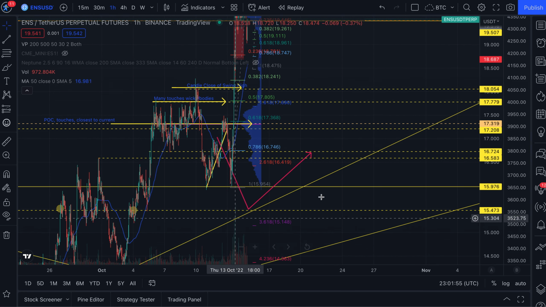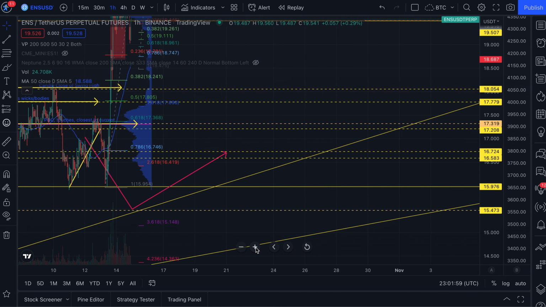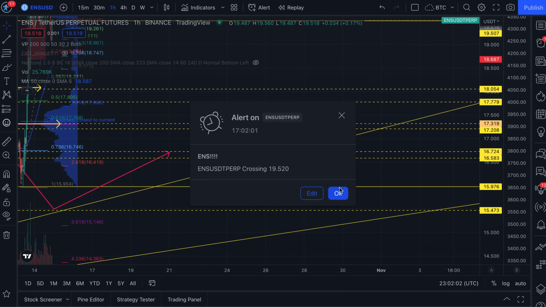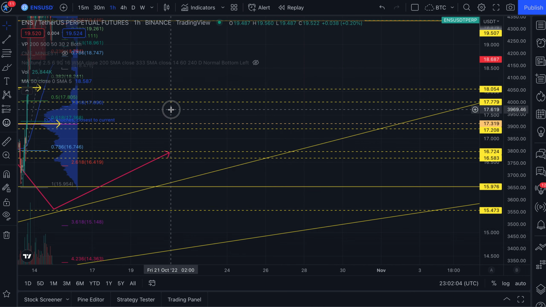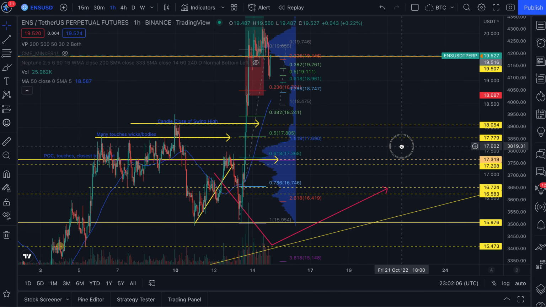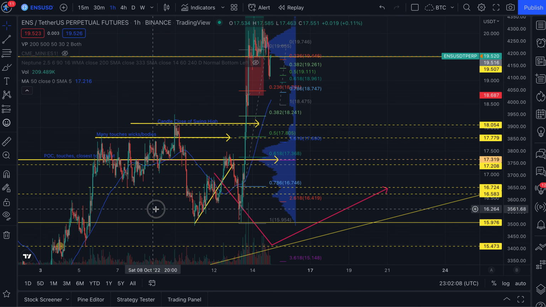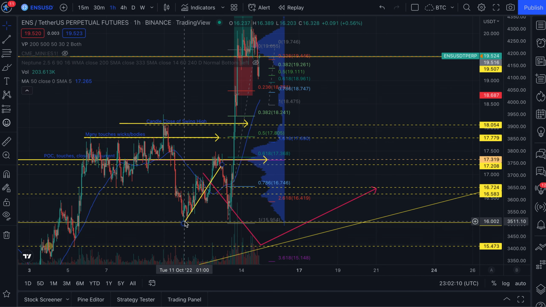And this is where I found myself. Let me zoom in. 1 hour is good enough. And this is where I decided that I wanted to take my play. Okay, I'm actually going to get rid of this level. That was very short-lived.